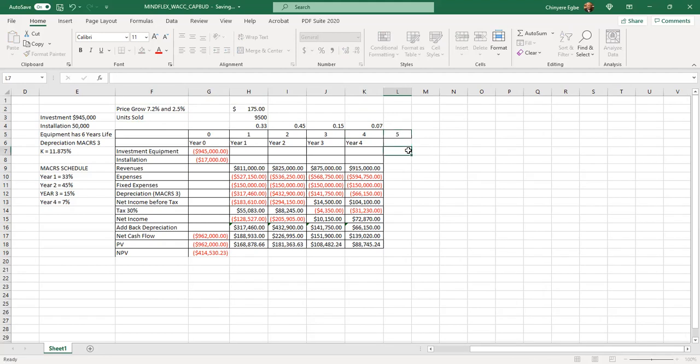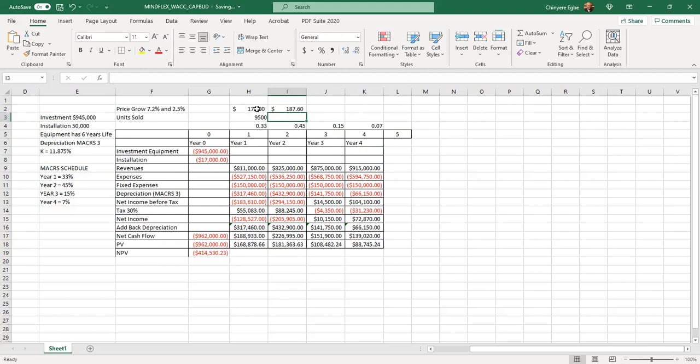This is year 5, and so this will equal H2 times 1.072.